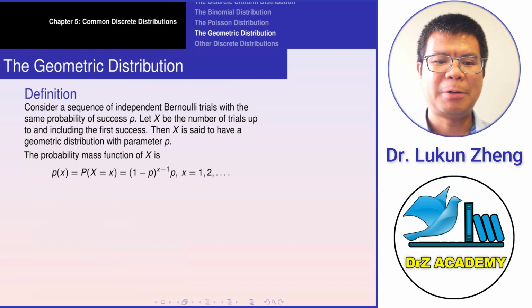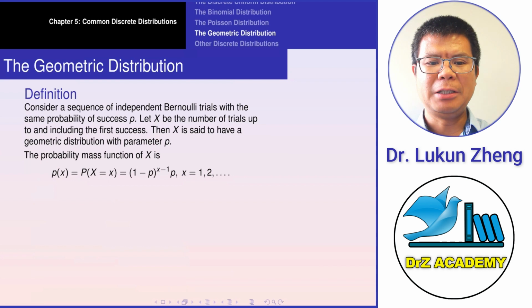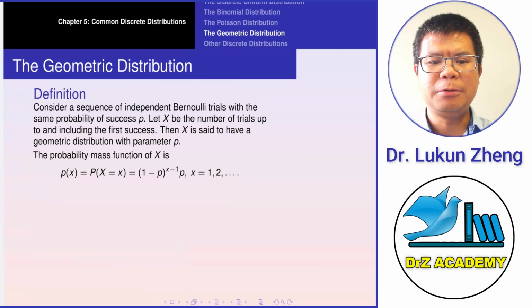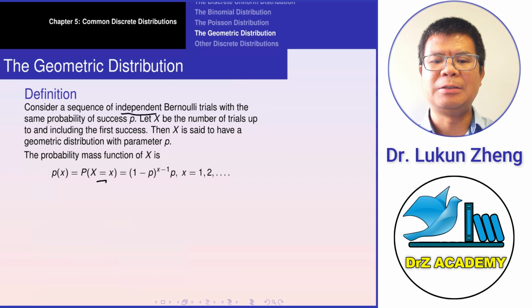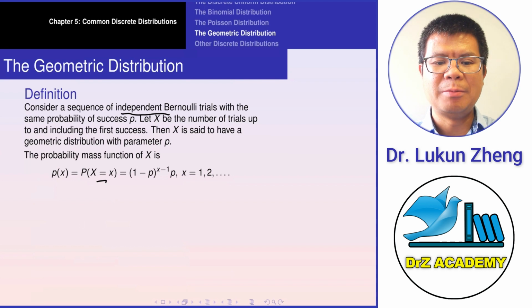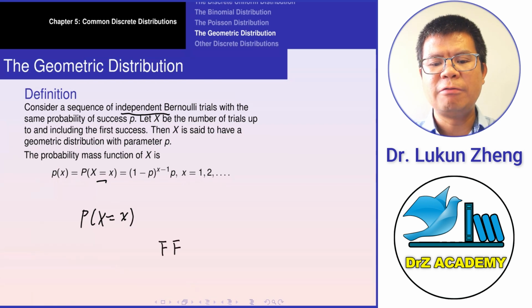So the probability mass function will be what? The probability that X equals x is (1 minus P) raised to the power x minus 1, times P, because the trials are independent. So basically you need to have failure, failure, failure, and then success.